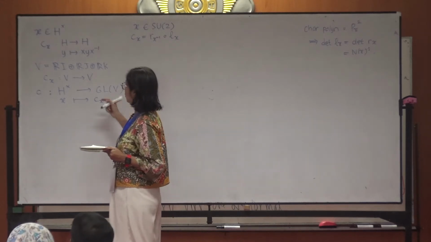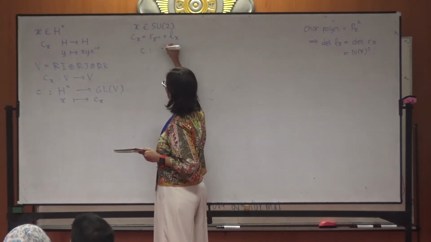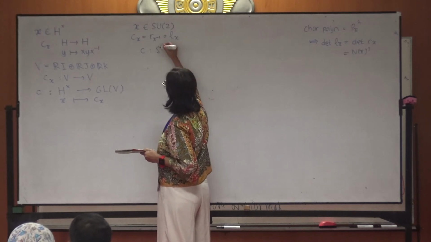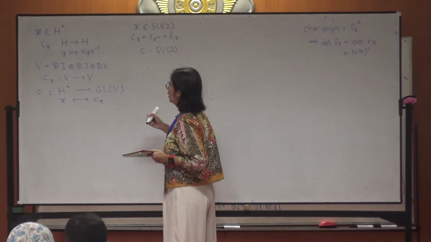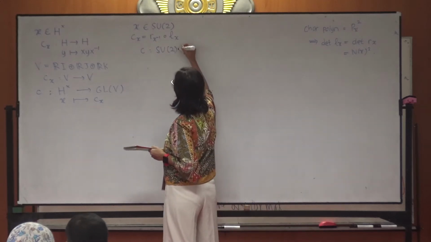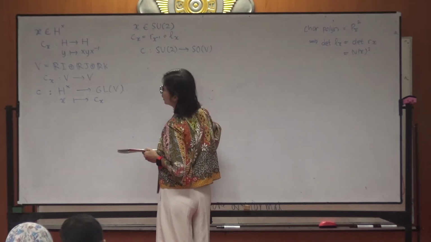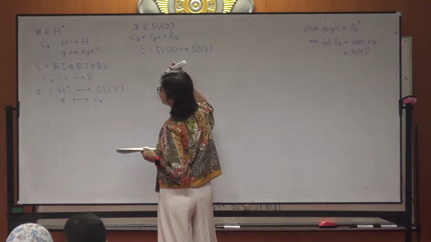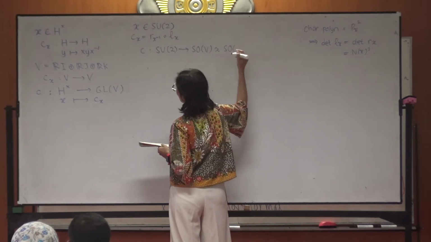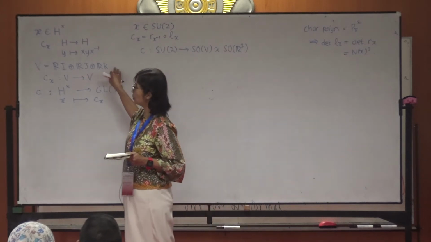So we can moreover restrict this C. Now it is from SU2, and this will go to SO(V), and SO(V) is isomorphic to SO(R3) because we can identify V with R3.